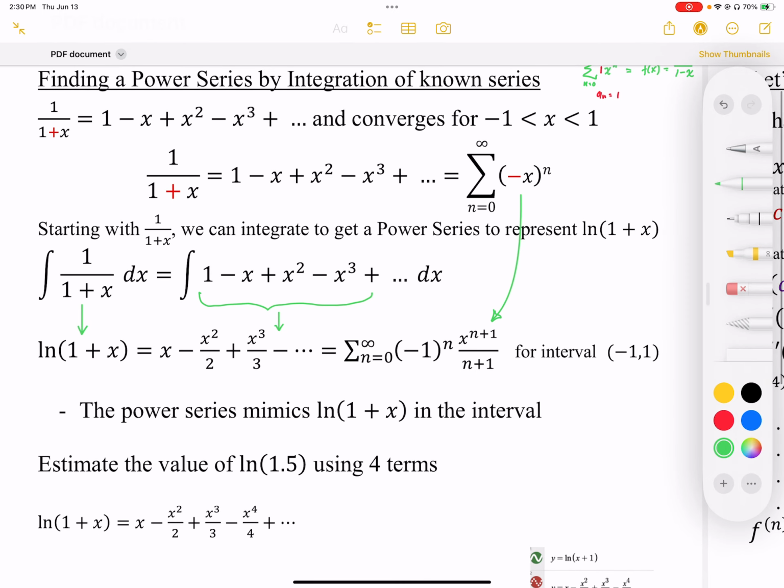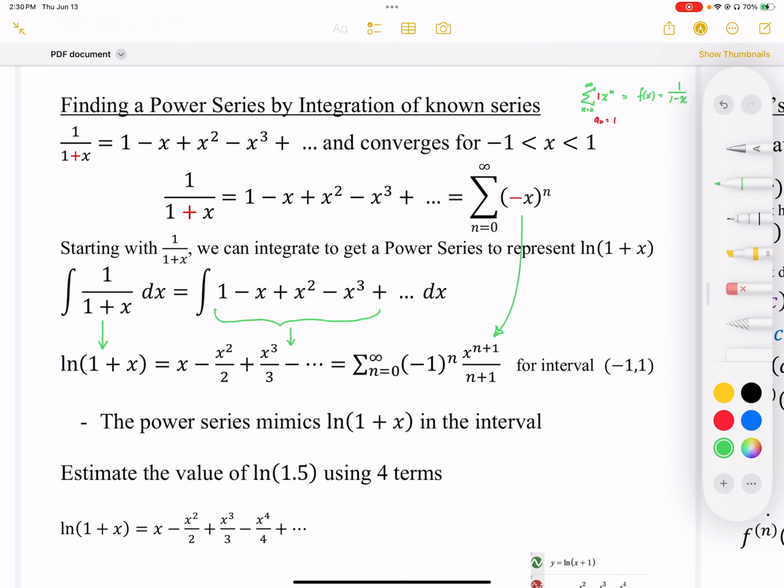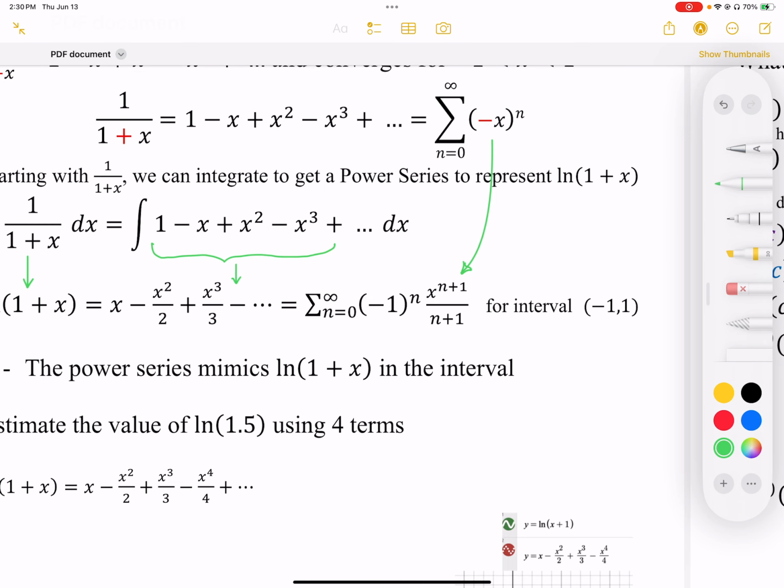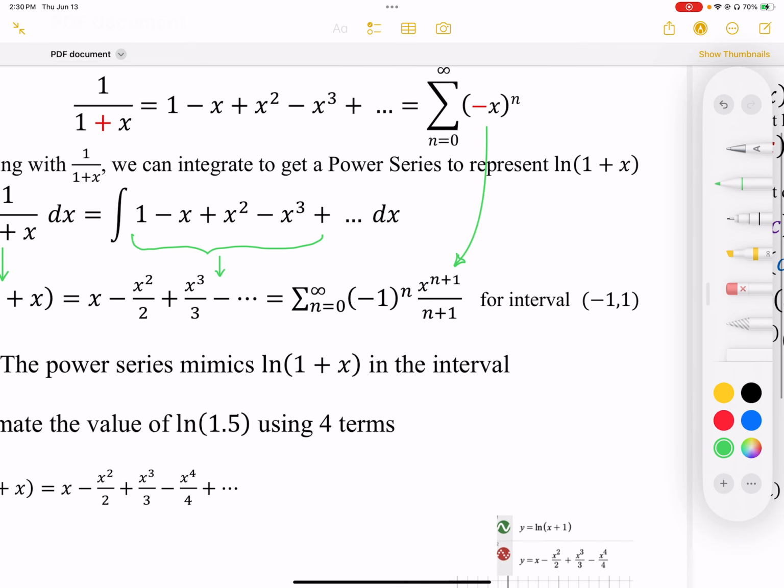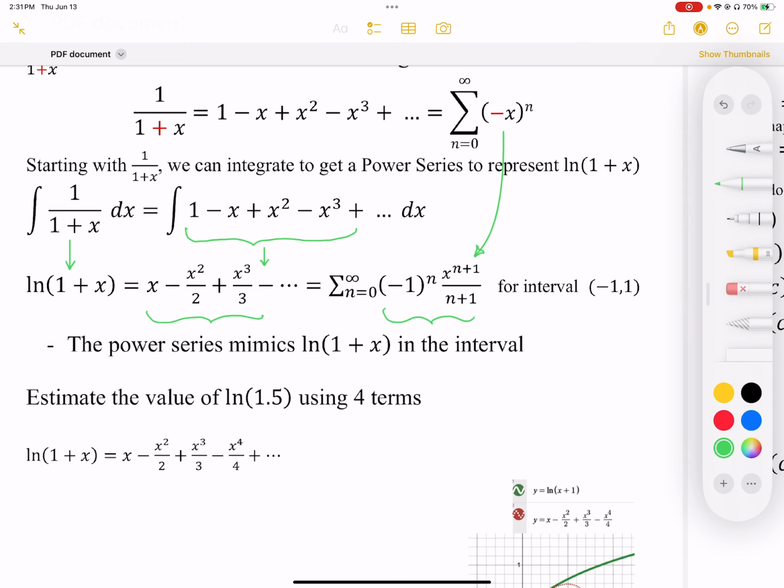So this converges for the interval negative 1 to positive 1 when we start with 1 over 1 plus x. So when we integrate this, this will also work for the same interval. So this series, whether we have it in the expanded form or in the generalized form, will converge for the interval negative 1 to 1.